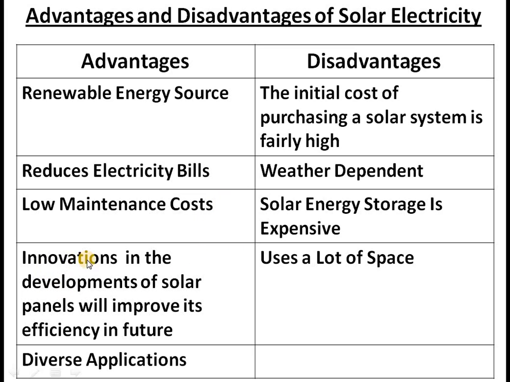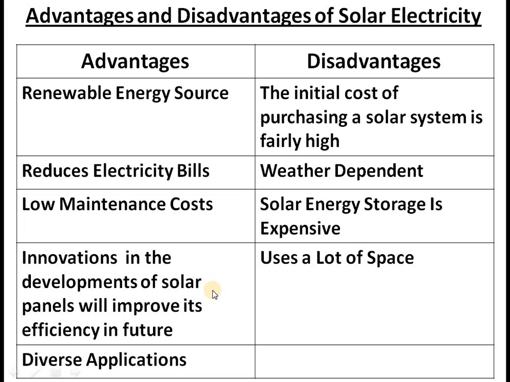And day by day, a lot of innovations are coming. People are trying to increase the efficiency of the solar panels. Currently, the efficiency is around 20%, and people are trying to reach as high as 50% efficiency. The work is going on all over the world, and it has a bright future in the coming era.